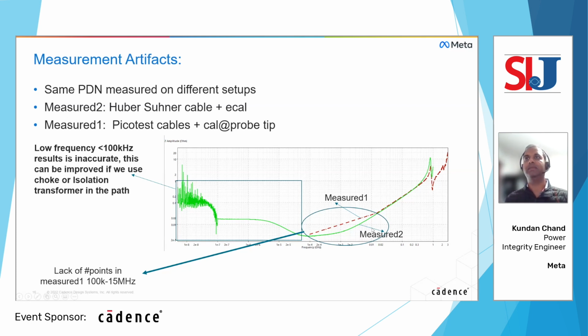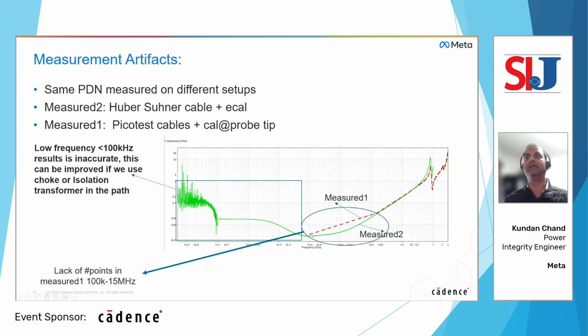And as you can see, based on the measurement result, around this frequency range they were correlating pretty well with each other. Over here, up to 10 megahertz, there was some difference in the result, and we dug into the details and found that for the measured 1 setup, when we were setting up the frequency points in the sweep, we missed the points in this frequency range.